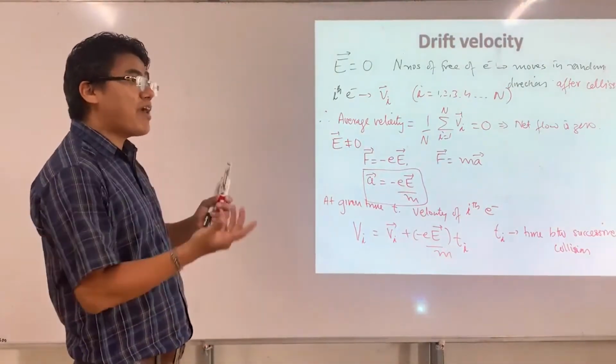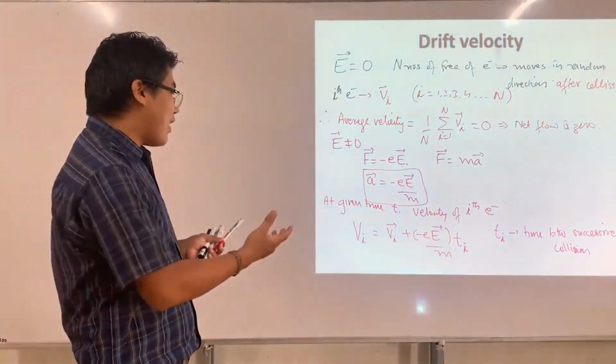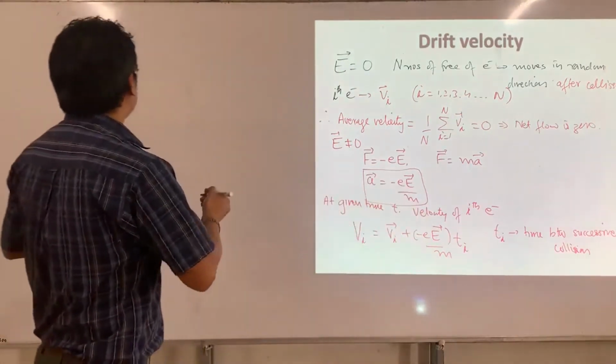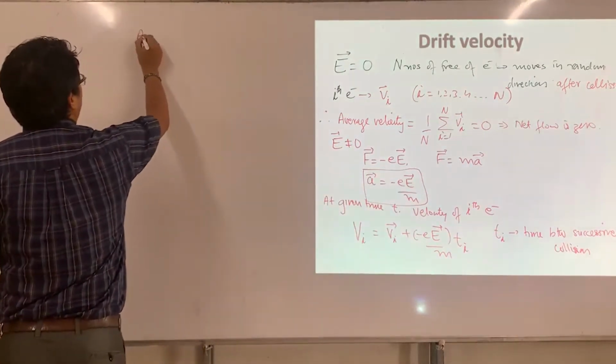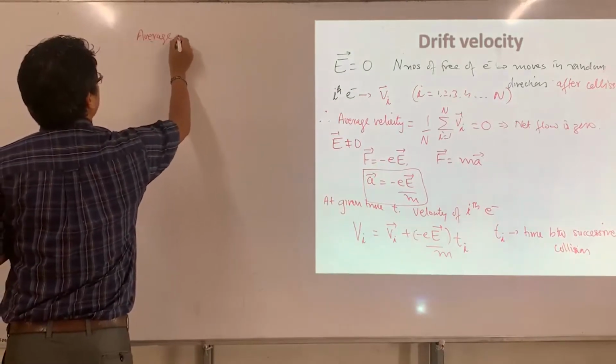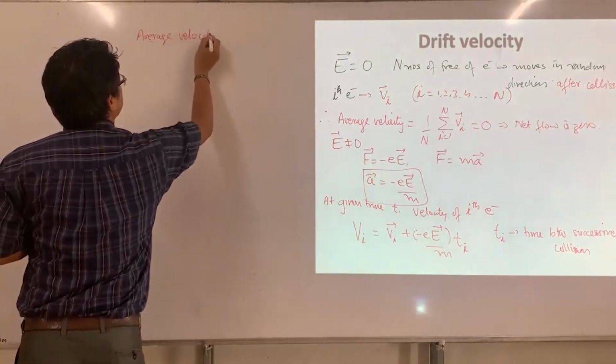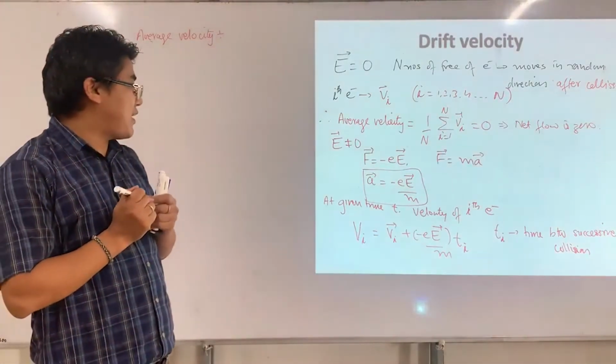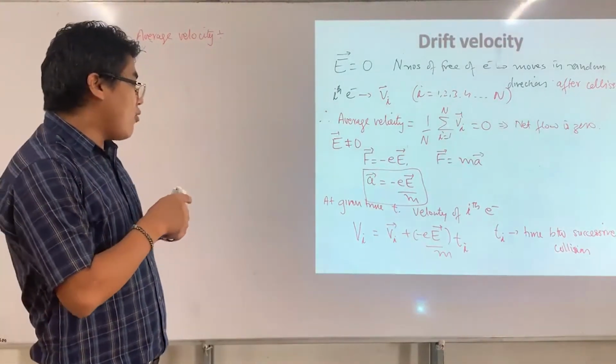Now I would like to find the average velocity of the ith electron. To find the average velocity after applying the electric field E, look here.